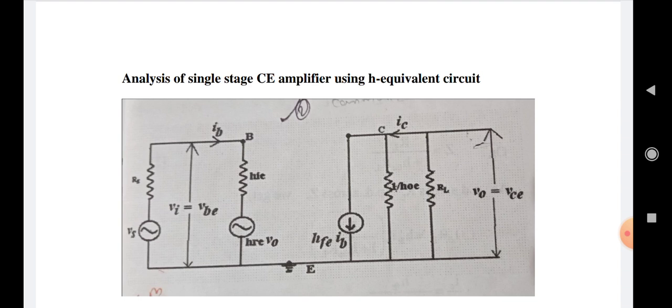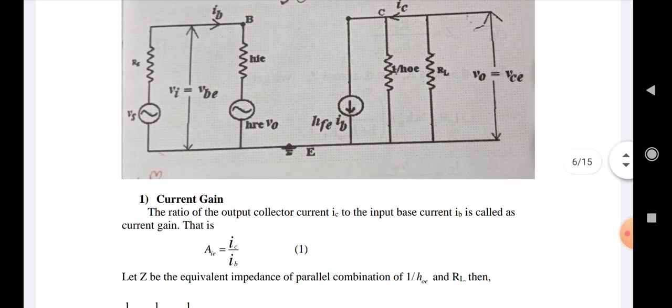First of all, we discuss current gain. Current gain is denoted by AIE. We already know that current gain is equal to output current upon input current. In the common emitter amplifier circuit, output current means IC and input current means IB.